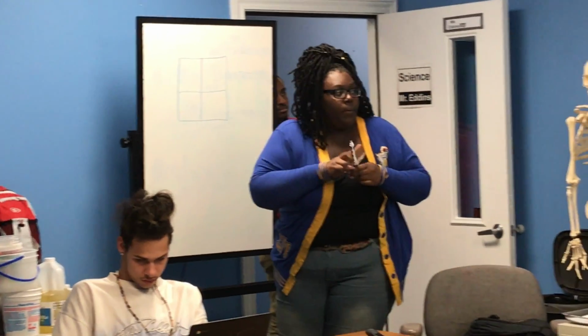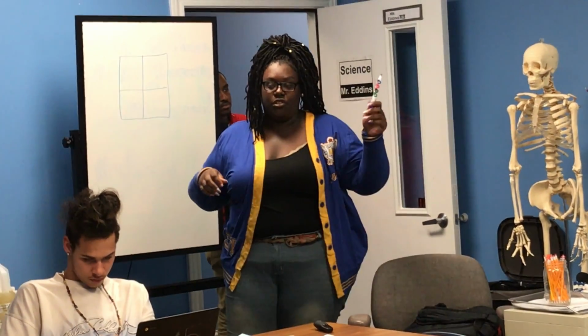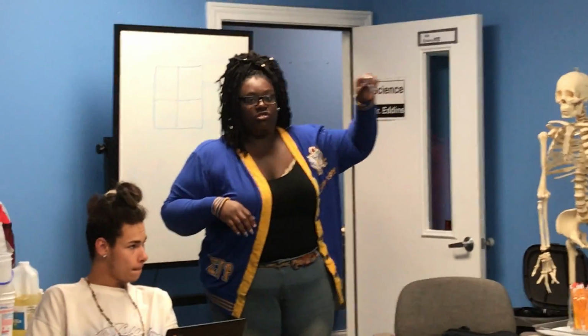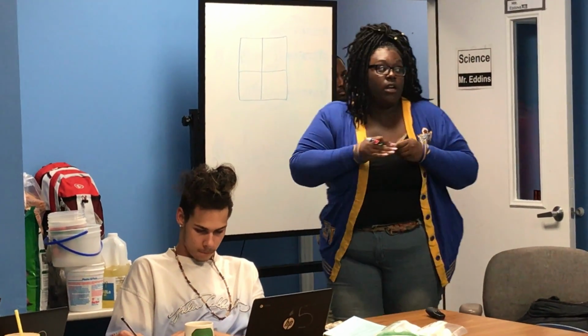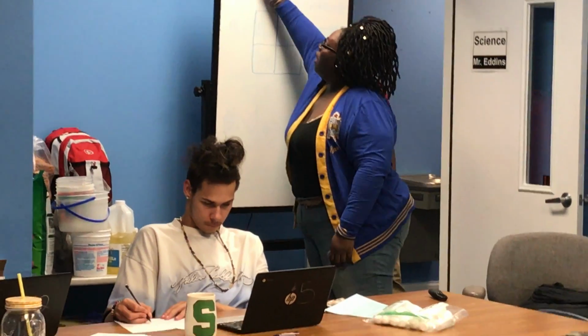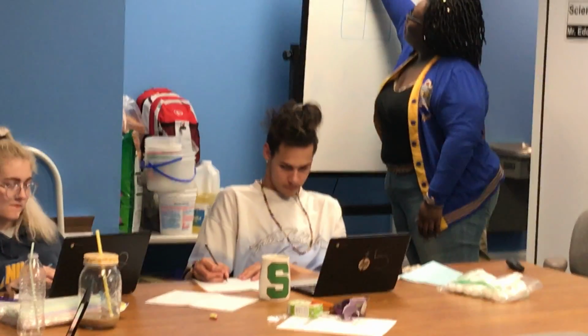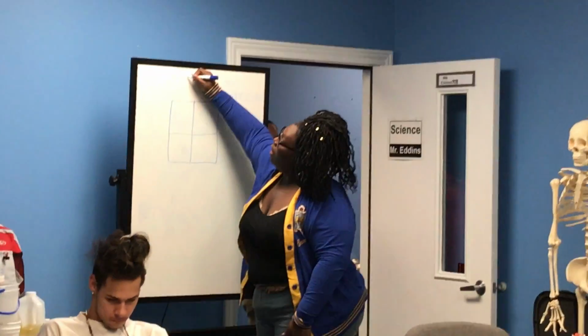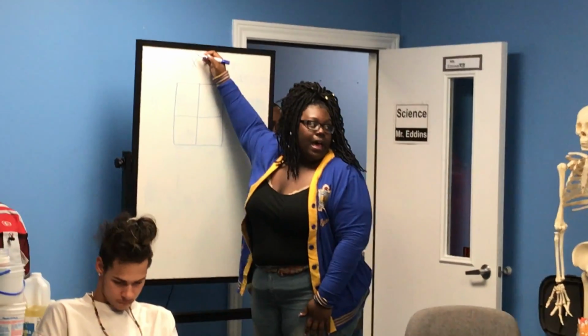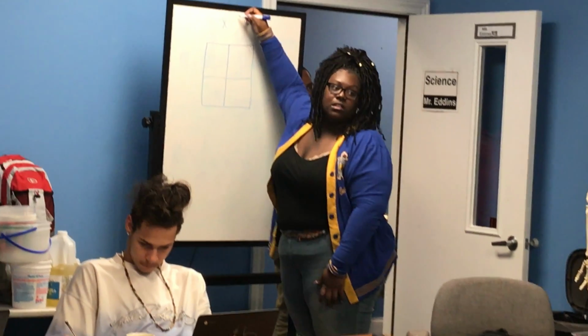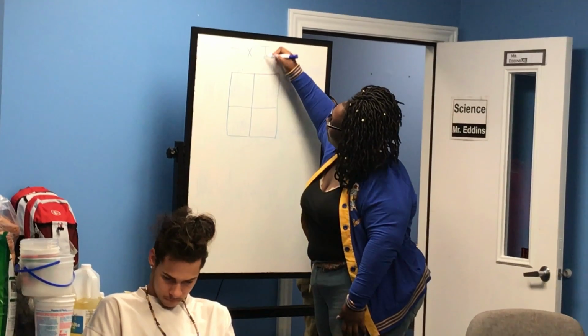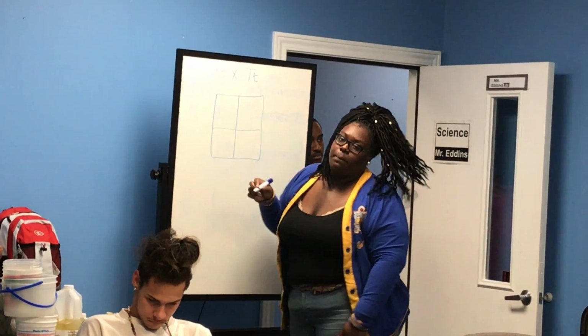So for this example, on the top, which is usually where you put the mother's traits, she is homozygous recessive for being short. So the cross that we're doing is little t, crossing with a heterozygous plant for being tall, and that would be capital T and a lowercase t.